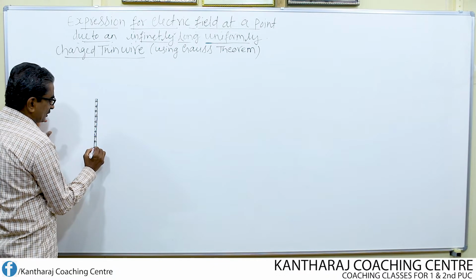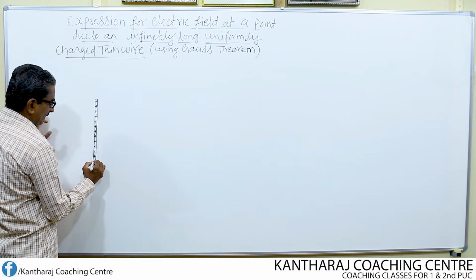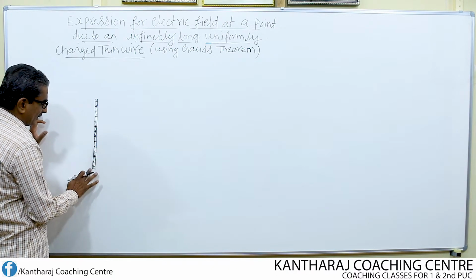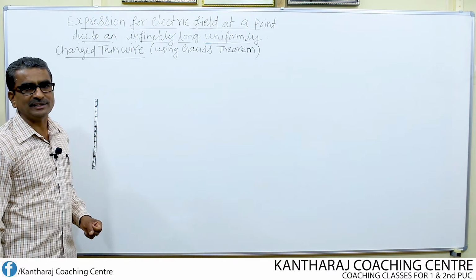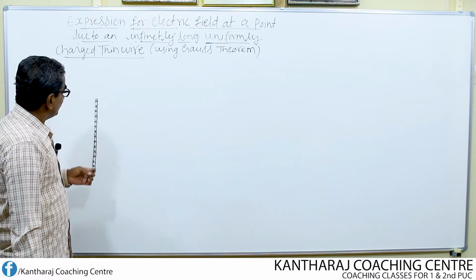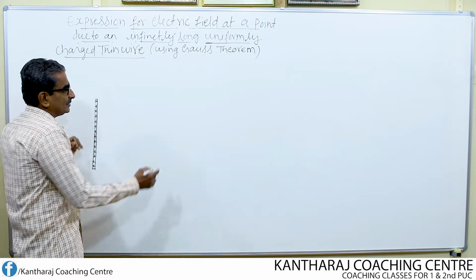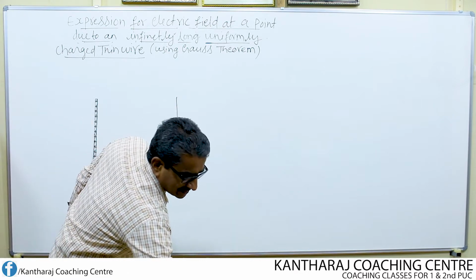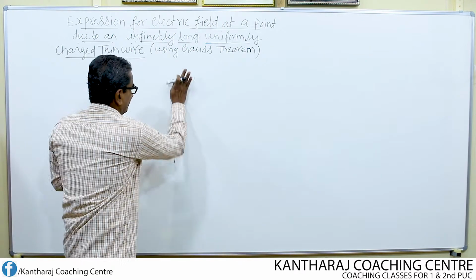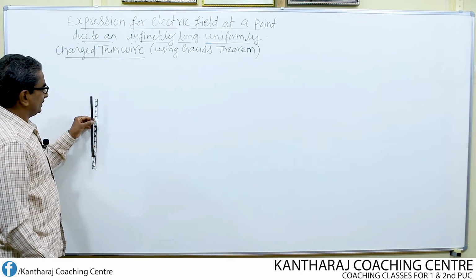So here the charge distribution is nothing but line charge distribution or linear charge distribution. So this is nothing but a thin wire. Now, let us imagine this as a thin wire.